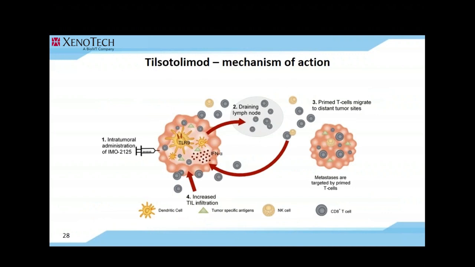Tilsotolimod alters the tumor microenvironment by improving antigen presentation by dendritic cells and macrophages with subsequent proliferation of antigen-specific cytotoxic T lymphocytes, which are proliferating at the site of injection, as well as at distant tumor sites, resulting in cell death in both locations where the drug was injected and other locations in the body.